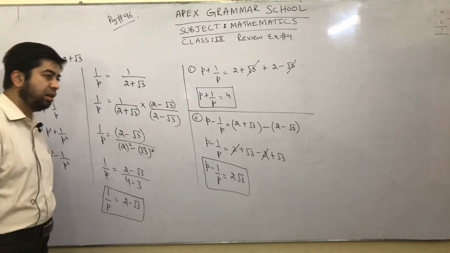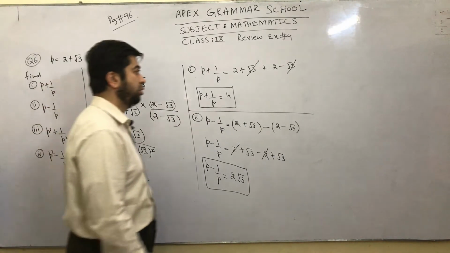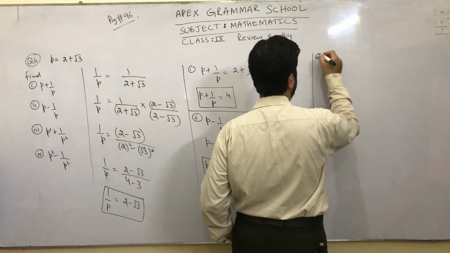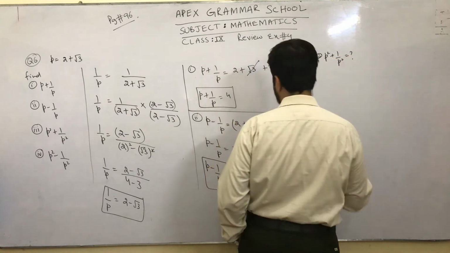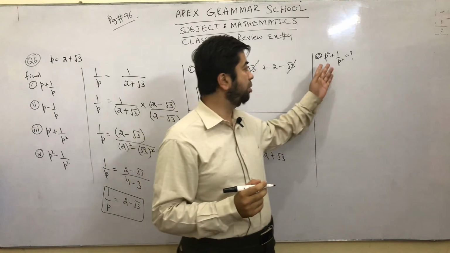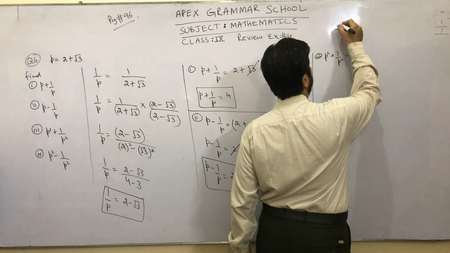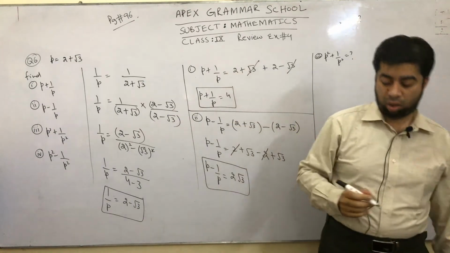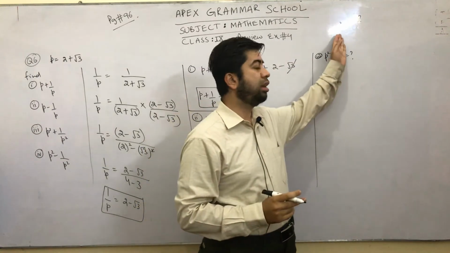After that, the third one is p square plus 1 over p square. You can see that this is of the type a square plus b square. So is there any formula for a square plus b square? On page number 292, you can see that there is no formula like a square plus b square.